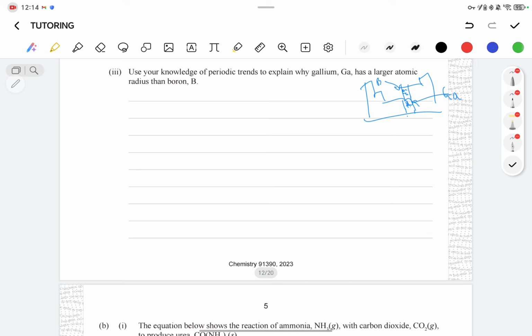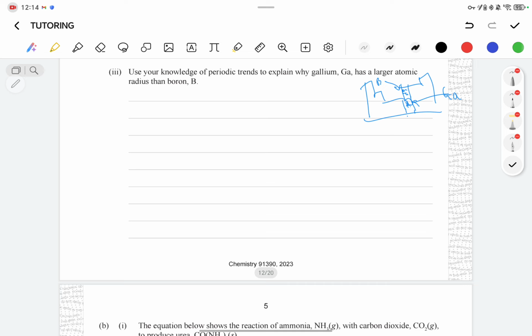All right, Leo. But the number of protons increases as you go down. So wait, shouldn't boron have a bigger radius than gallium?